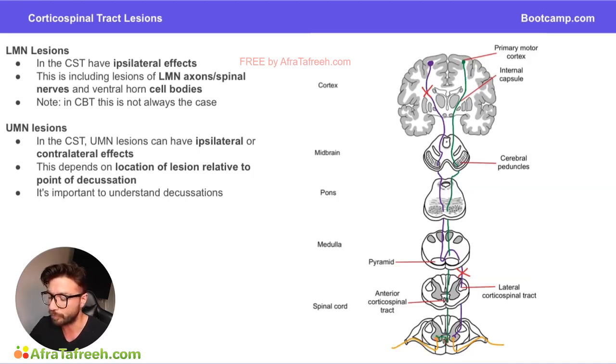So anywhere throughout the pathway, you're going to see that this is going to have a contralateral effect if we damage it up here. The only way we'd see an ipsilateral effect is if we damaged it somewhere down here near that point of decussation.